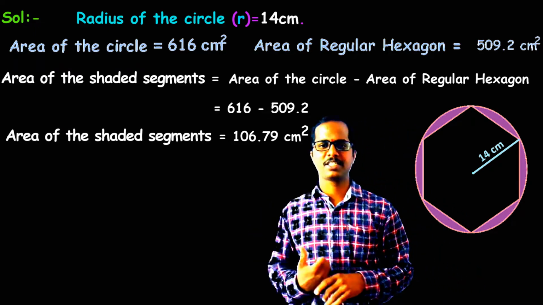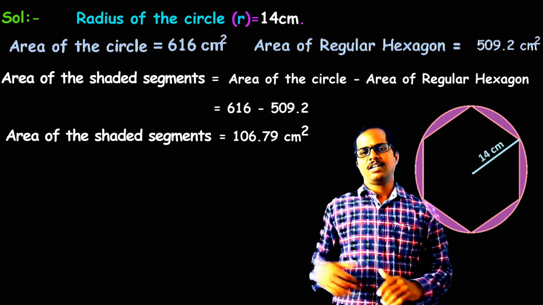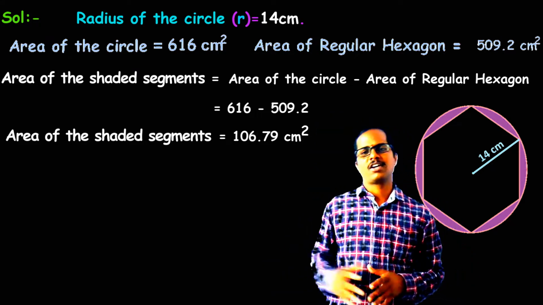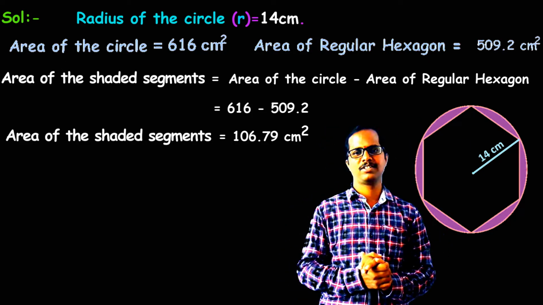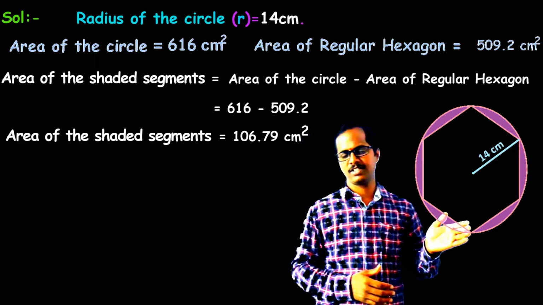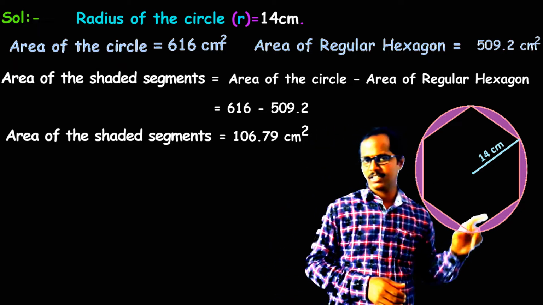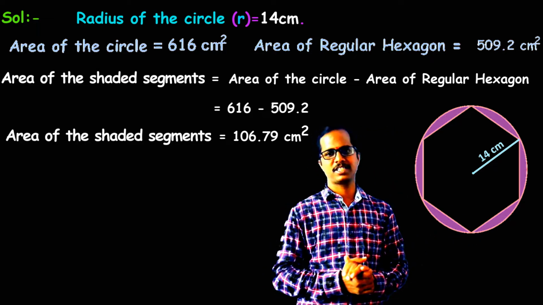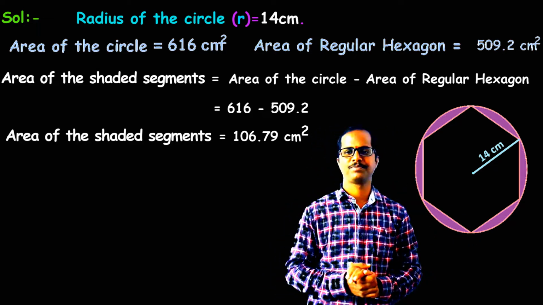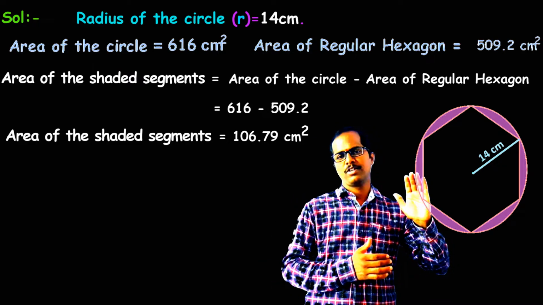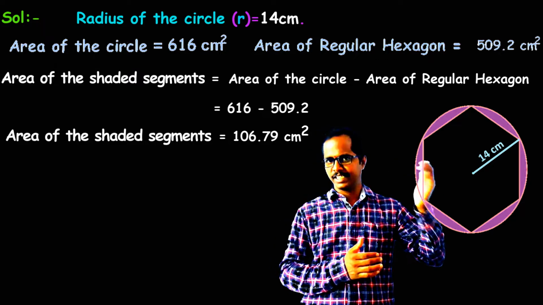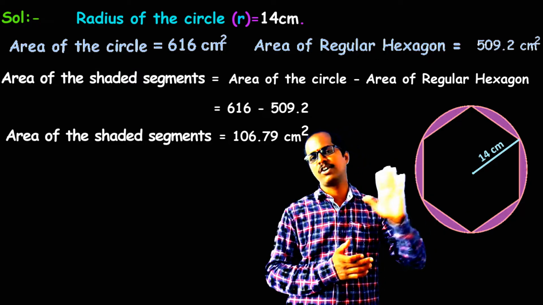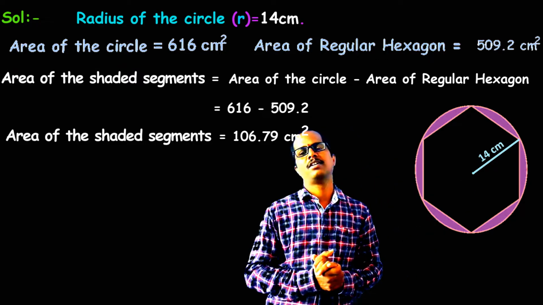Now here we need to find the cost of making all these 6 equal designs, and it is given that the cost of making the design per 1 centimeter square is 5 rupees. So to make the 1 centimeter square area design with paint, it costs 5 rupees.